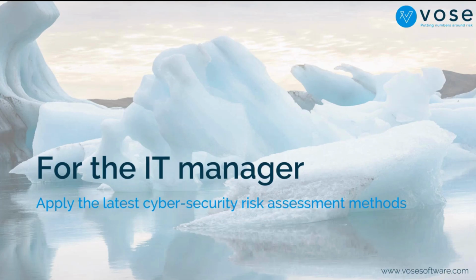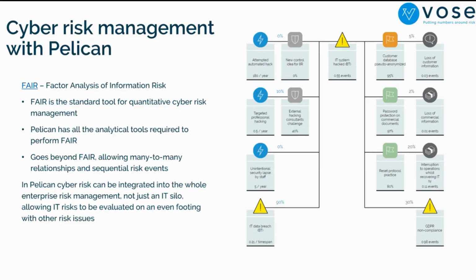Then for the IT manager, Pelican fully supports the Factor Analysis of Information Risk. So it's a standard for cyber risk management, which has been developed in cooperation with Vose Software.